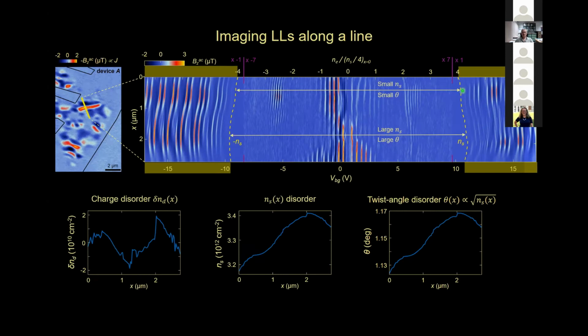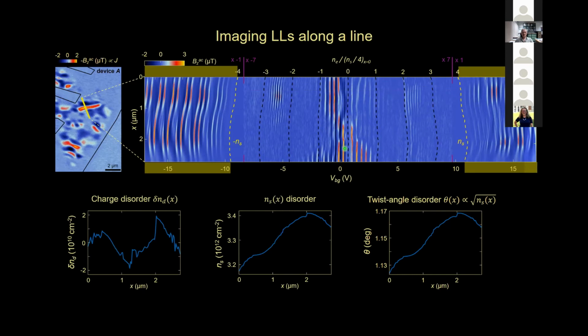So now that we know the ns and the charge neutrality, we can plot all the other integer filling factors. And what becomes clear here is that the Landau levels in the dispersive bands are very robust.